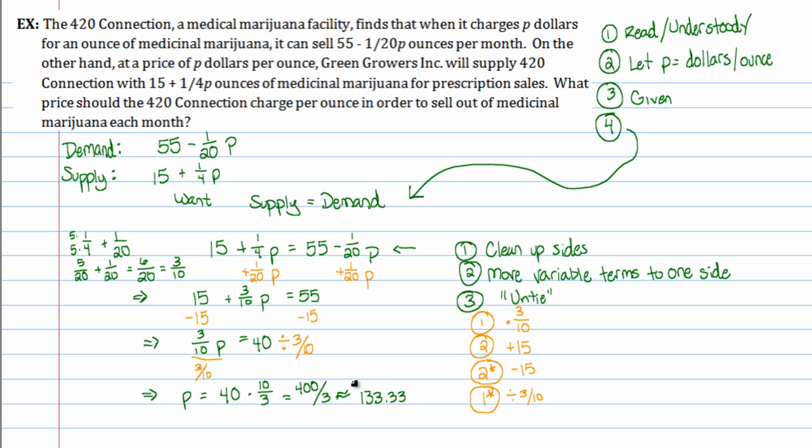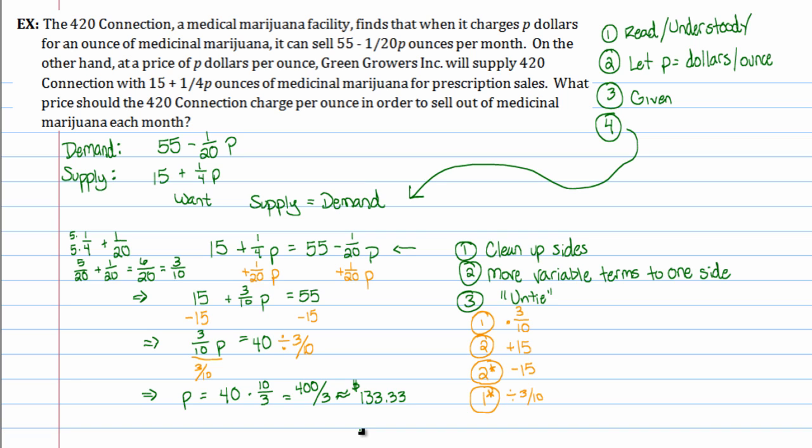It's not really equal to that, but it's $133.33. So if that's what they charge per ounce, I have no idea. I think that might be way low. But if that's what they charge, they'll sell out. And their supply will equal their demand.